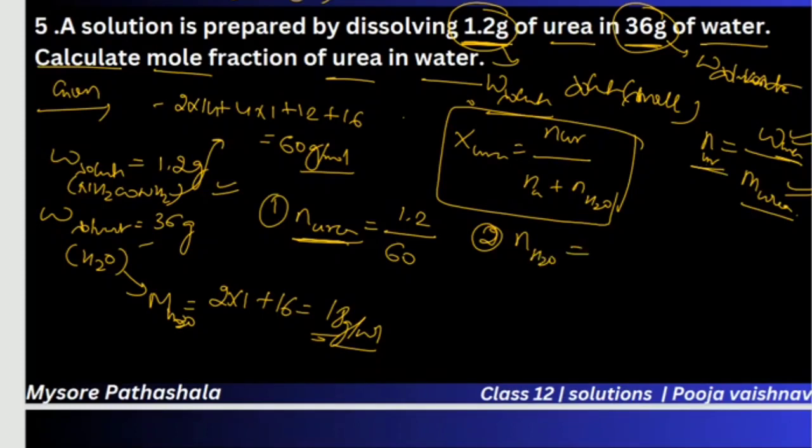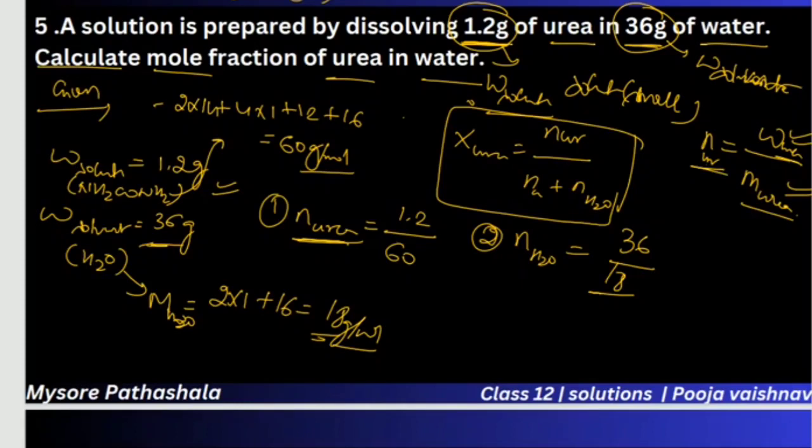So number of moles again, mass of water. What is the mass of water here? 36. Molar mass of water, that is 18. Okay. So now I got to know the number of moles of urea and number of moles of water. Now I can easily substitute this value here. We can substitute, right? So if we substitute number of moles of urea, if you need to solve this properly.